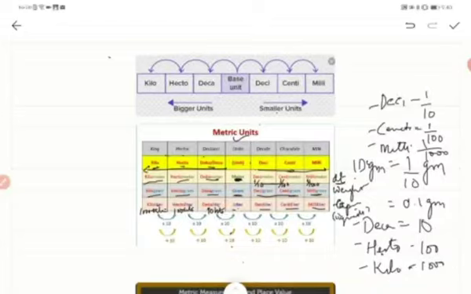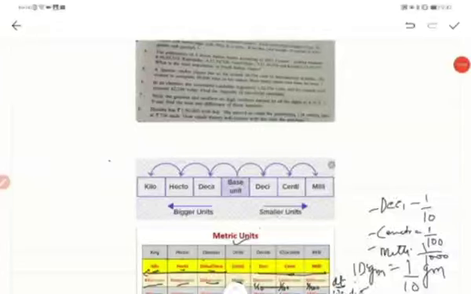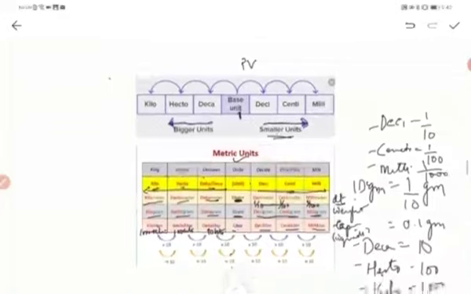All right, so when you are giving place values, this is a base unit, and units are increasing on the left side, and smaller units are there on the right side. That is what we had seen here.